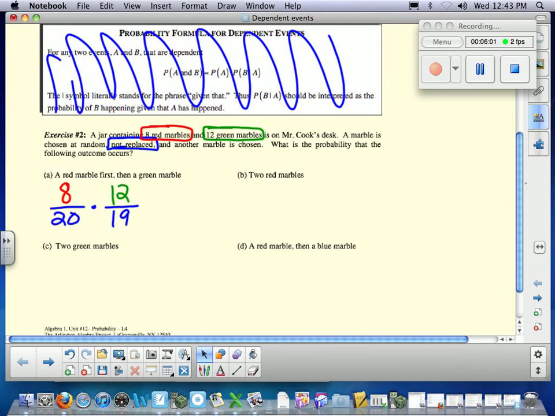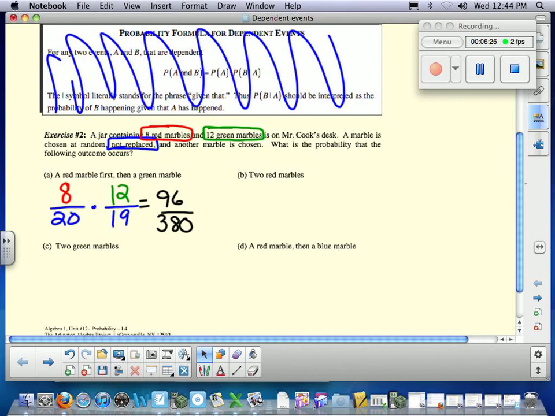Do we want to have a quick conversation now about reducing those fractions, or do you want to just rely on your handy dandy calculator? Okay, 2 red marbles. So you just multiply. I don't get how this helps us in this sense.